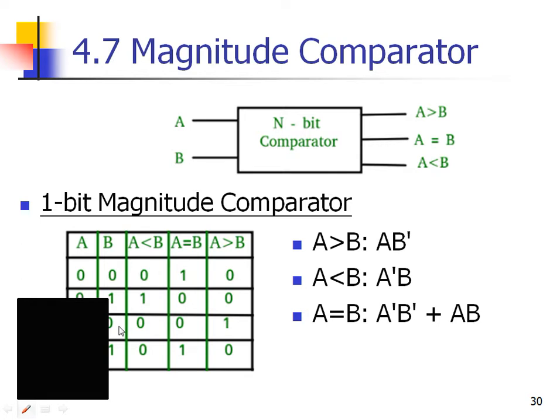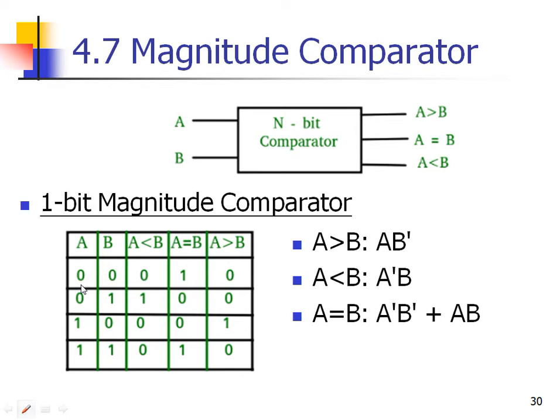It is 00, 01, 10 and 11. Let us see here, if A and B are equal, your output for A equal to B should be 1, and the remaining A less than B and A greater than B should be equal to 0.